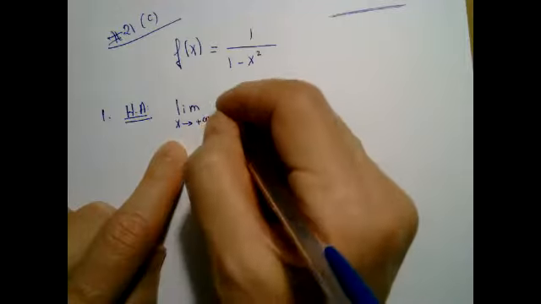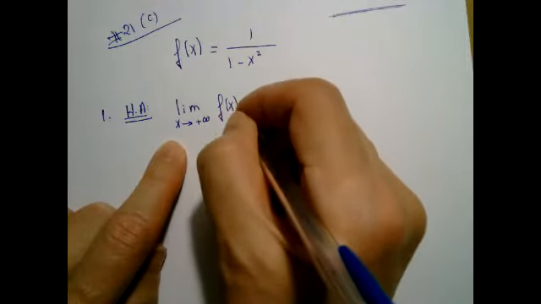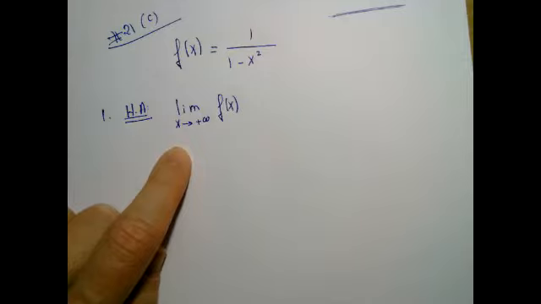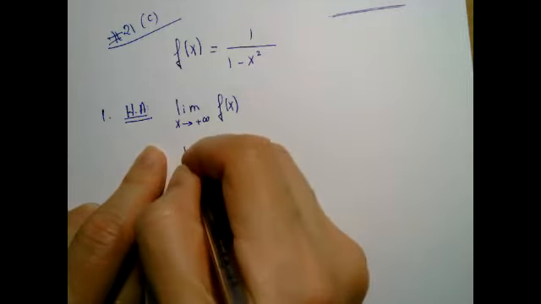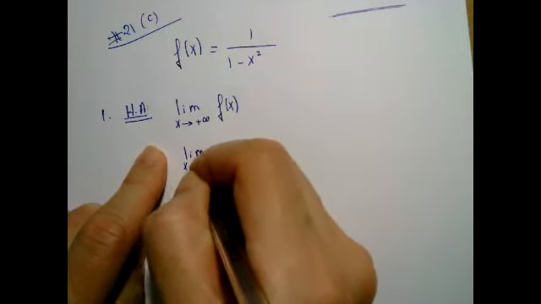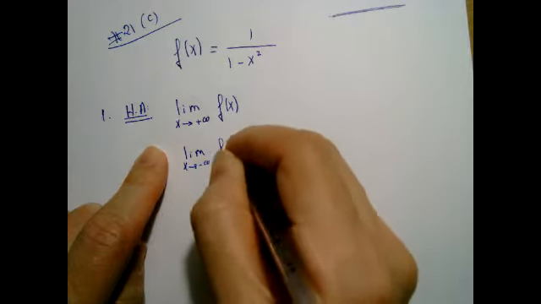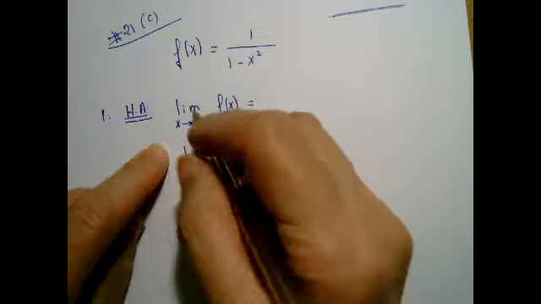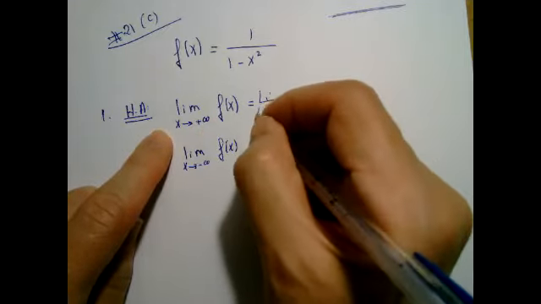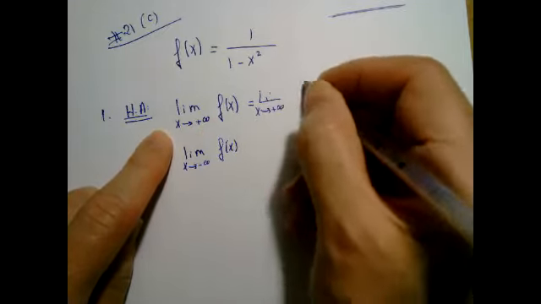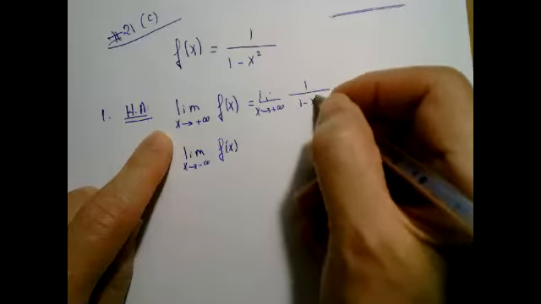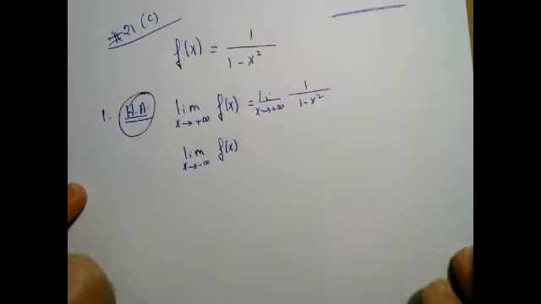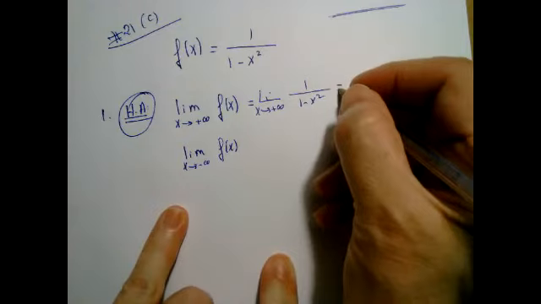So for the horizontal asymptote, we have to study the limit as x goes to infinity of the function and the limit as x goes to minus infinity of the function. That's how to find the horizontal asymptote. So now, what's the limit as x goes to plus infinity of 1 over 1 minus x squared? A lot of you messed this up again.